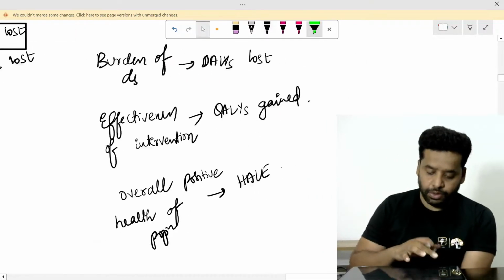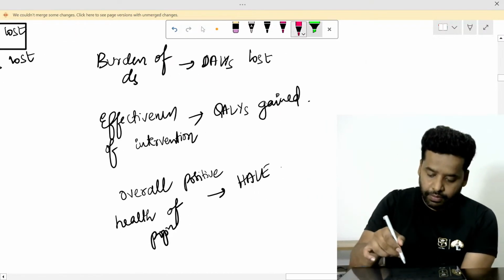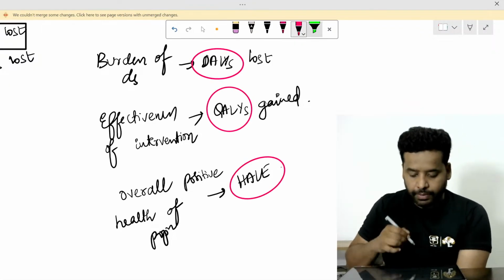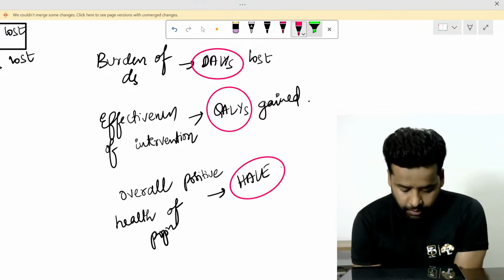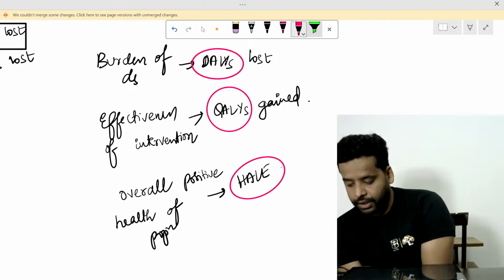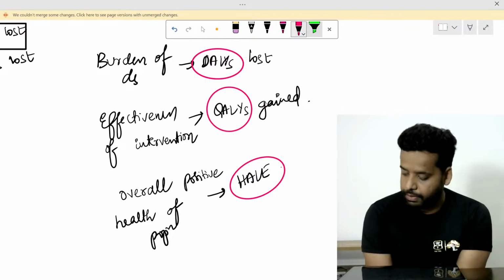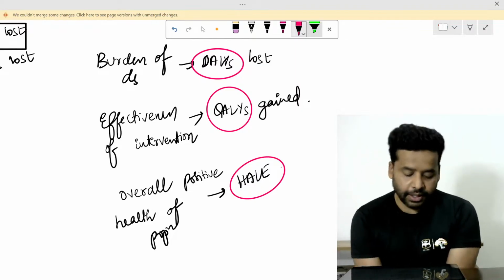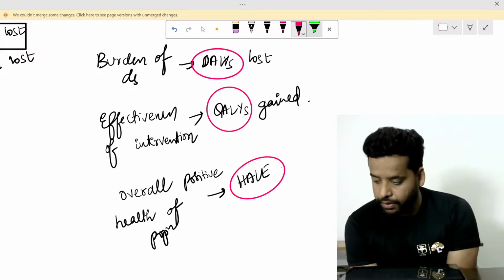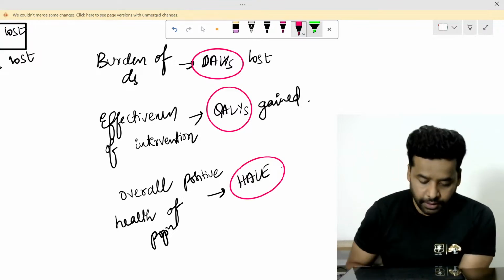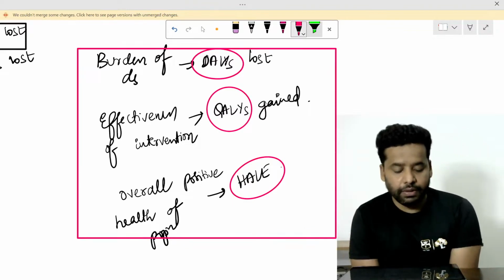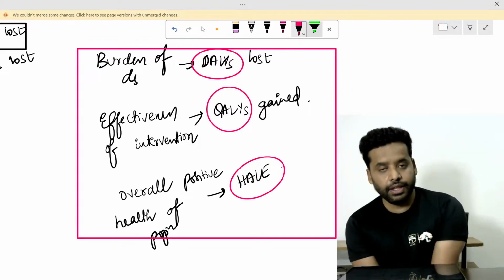So when the keywords come in between these three things, you make mistakes. If they ask how good is the country, the overall positive health levels of the country, your answer should be HALE. Effectiveness of intervention, QALYs gained; burden of disease, DALYs lost. This is the way you should always search for the keywords in the question.